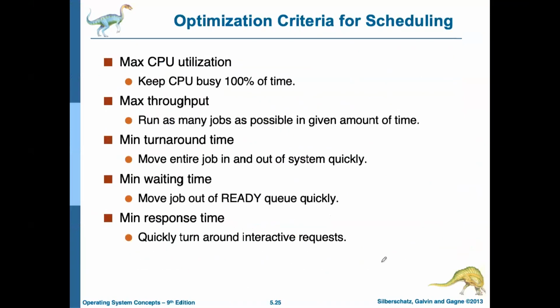Optimization criteria for scheduling. Maximum CPU utilization: the best is 100%. Keep busy 100% of the time, so all the time busy. It's like a flight traveling non-stop.